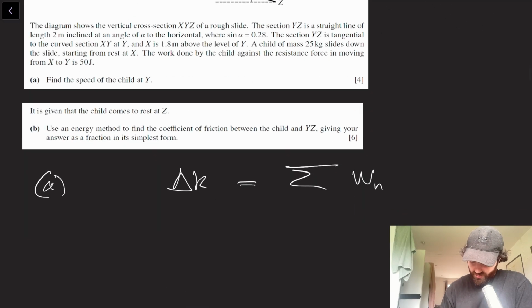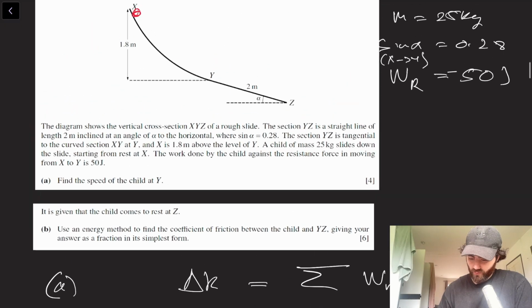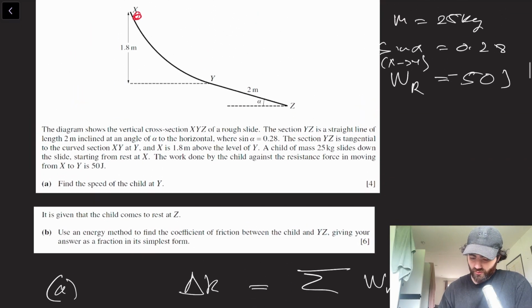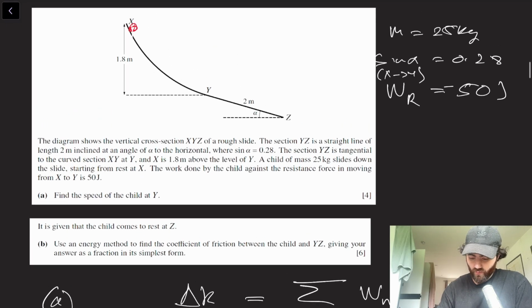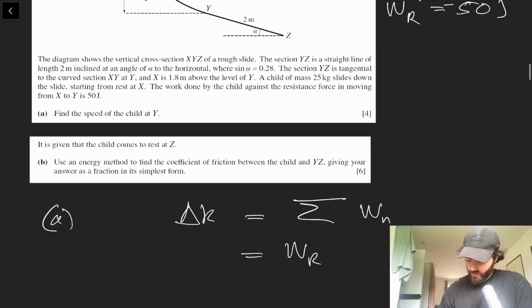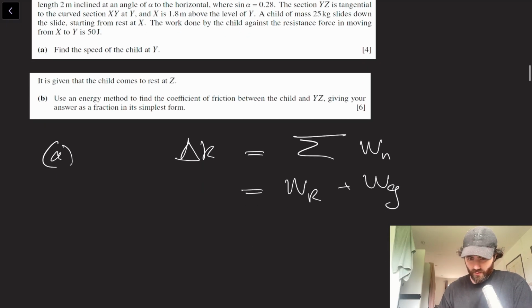Okay, so the change in K will equal the work done against the resistive force plus the work done due to the gravitational potential on the child, because the child will have a weight. What is this?